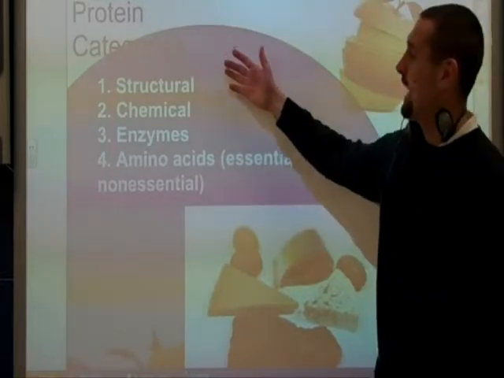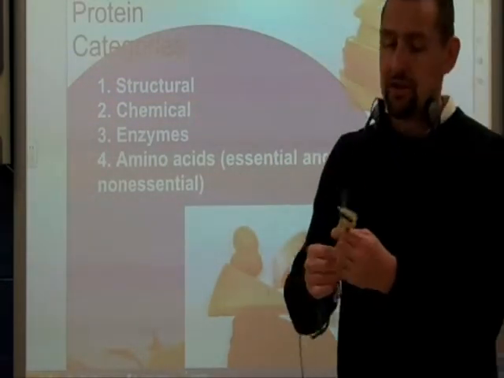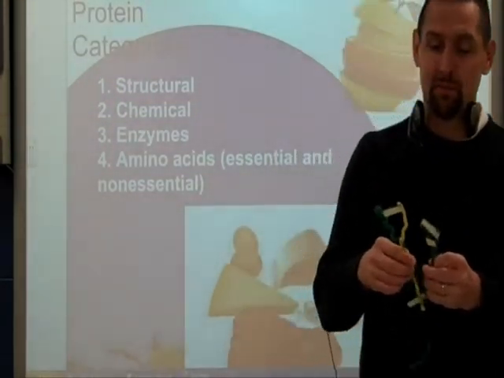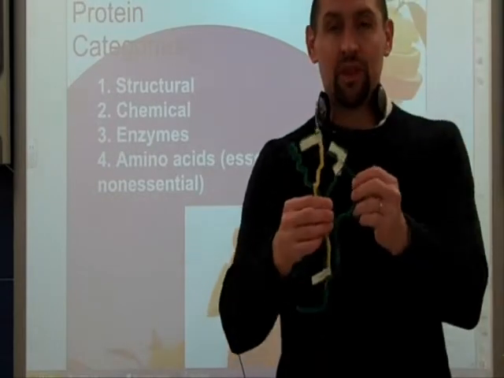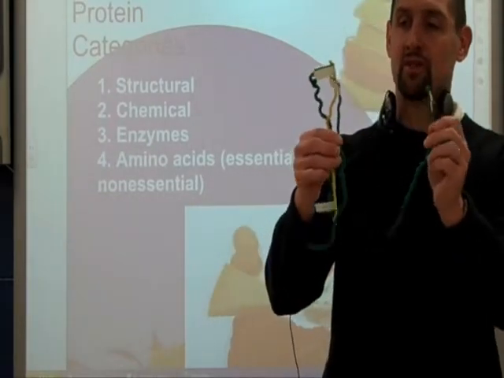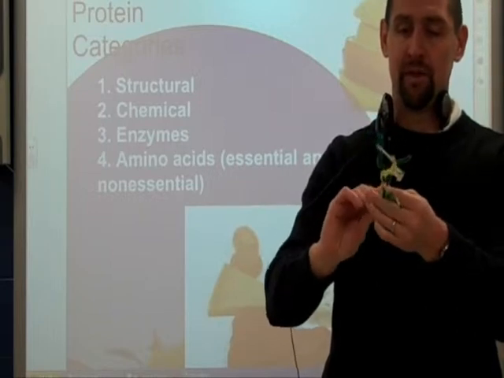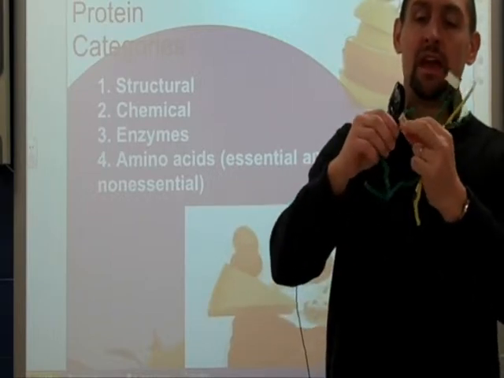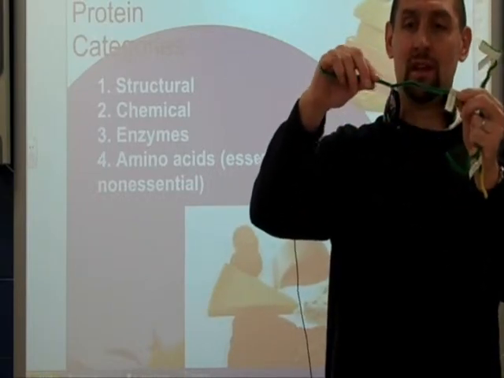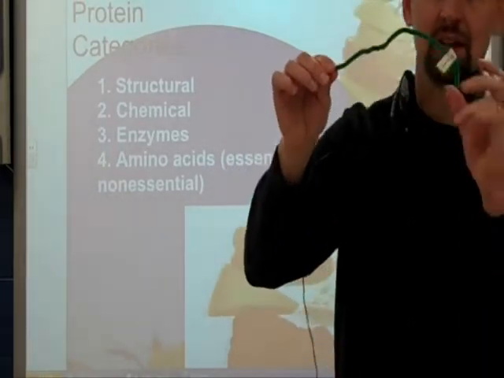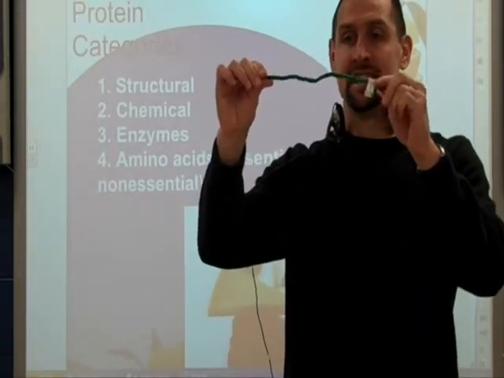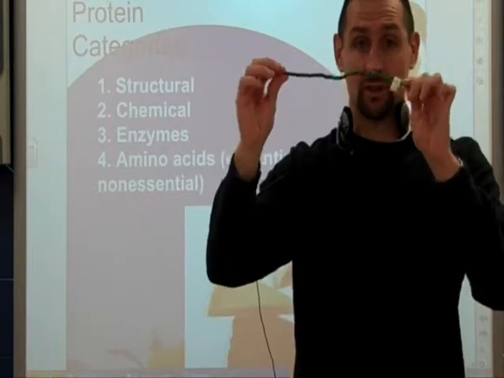We can look at protein categories this way. There's a structural part to proteins, or aspect of proteins. I like to think of it with these twisty ties. That makes it kind of fun, these pipe cleaners. If I just have one long chain of amino acids, like this, that's called primary protein structure.